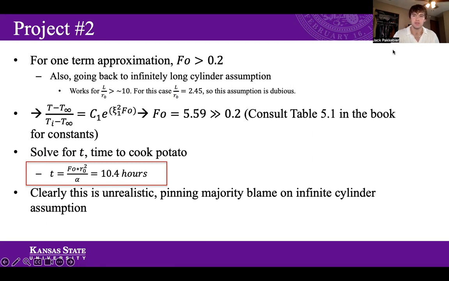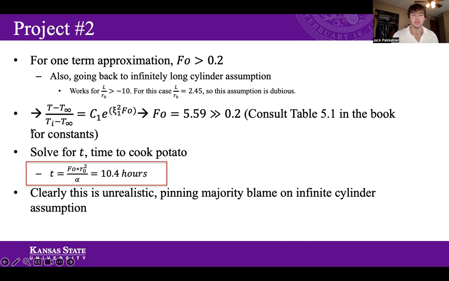In my case, using the dimensions of my potato, I got about 2.45. So already some of the things baked into this approximation, and the time that we'll get, are dubious based off this.